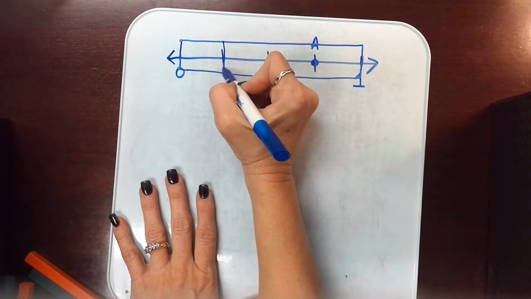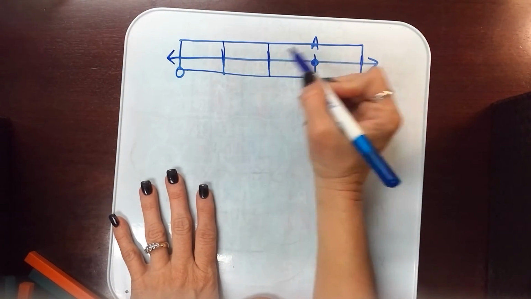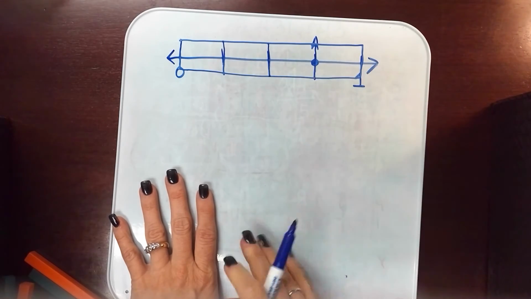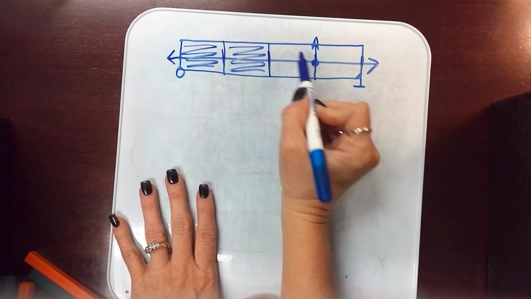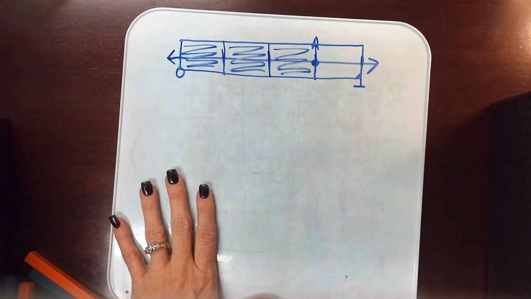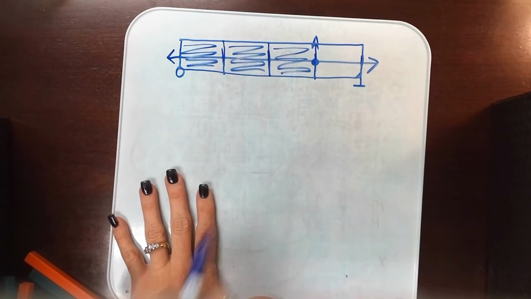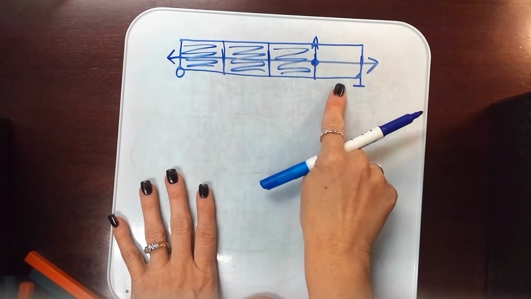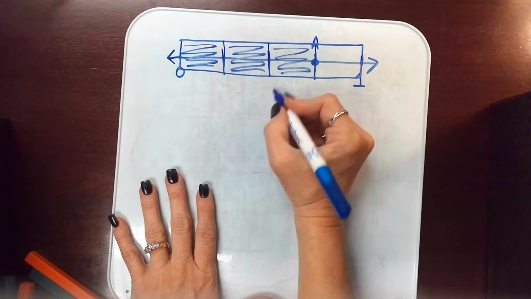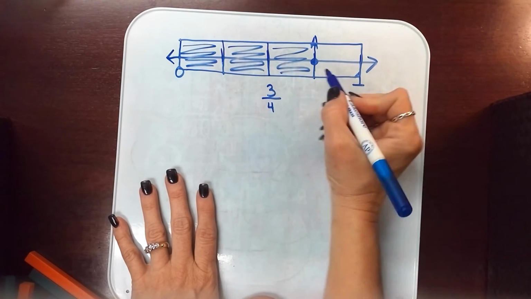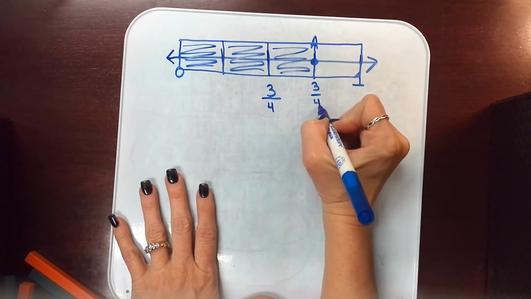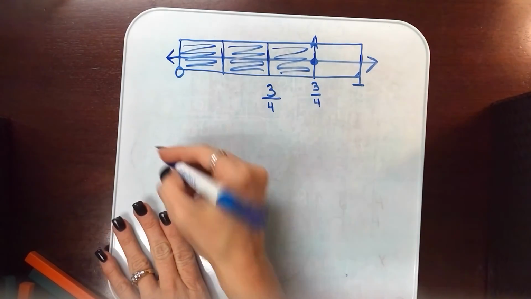And then I go ahead and follow the lines down, and then I shade up to whatever dot, wherever my point is, I shade up to that. So I can very easily see now that I have 4 parts to this whole, right? And how many of them are shaded? 3/4. So this line represents 3/4 of the number line.